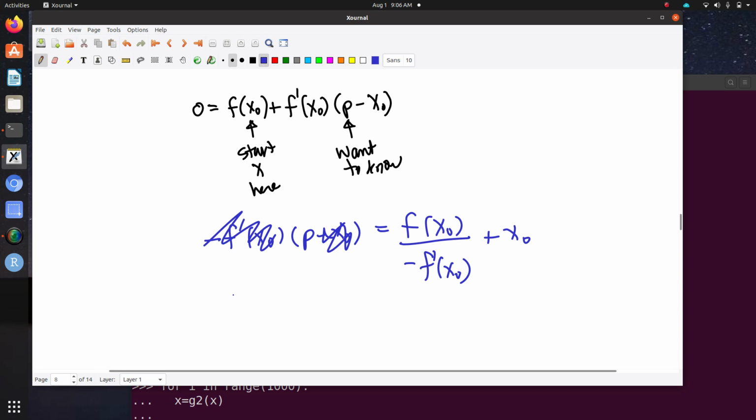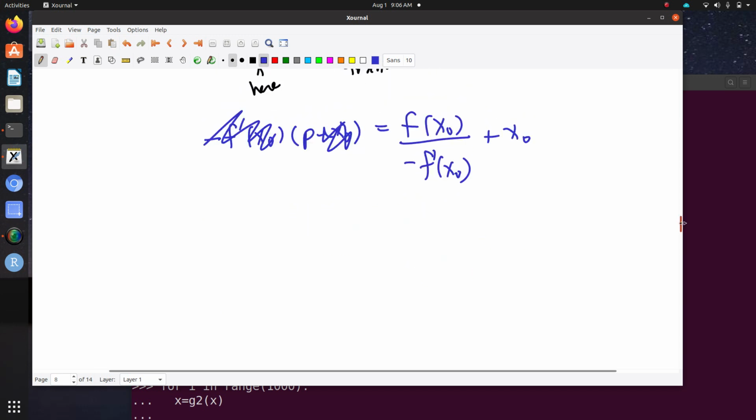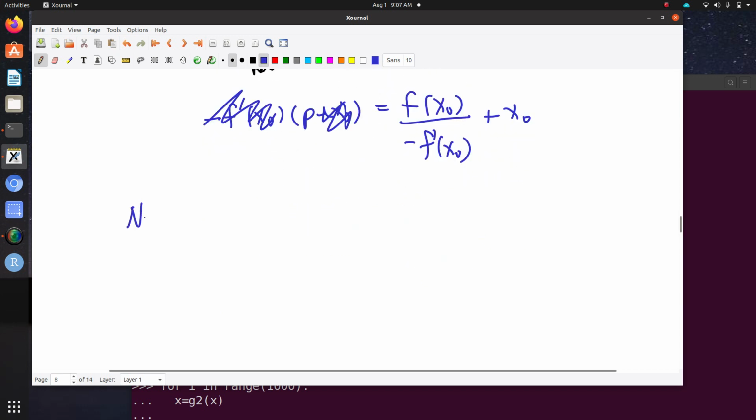So Newton's method says, Newton's method: start with an x naught. So that's your starting point.